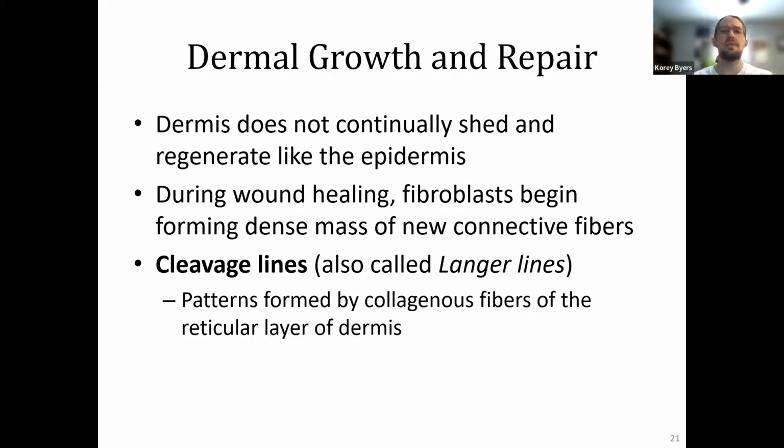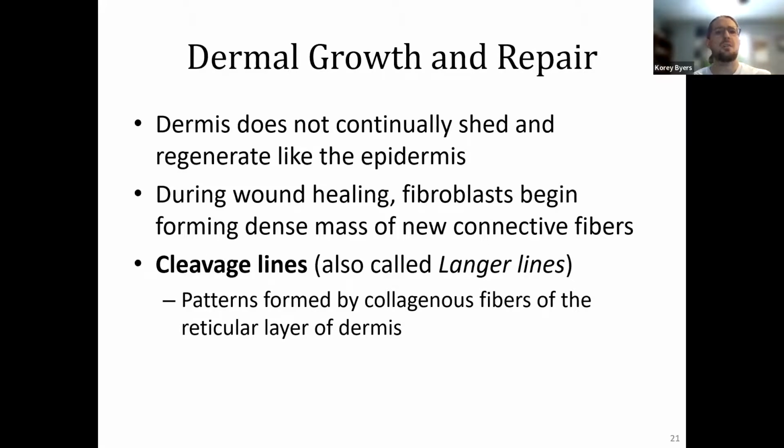Unlike the epidermis, the dermis does not continually shed and regenerate. The epidermis goes through that every month, every 30 to 35 days. That epidermal proliferating unit has gone through that cycle from mitosis to keratinized. The dermal cells don't do that. During wound healing, the dermis has to form these dense, massive new connective fibers.